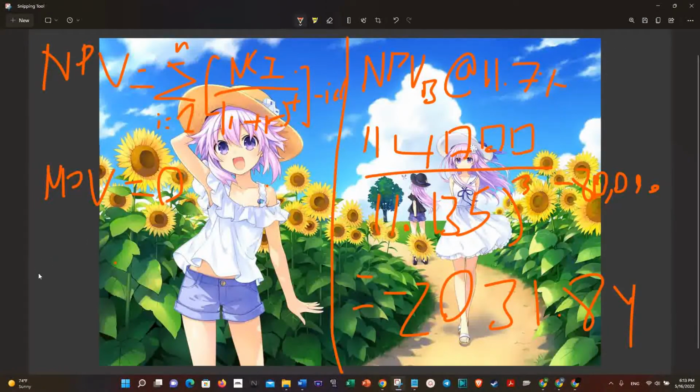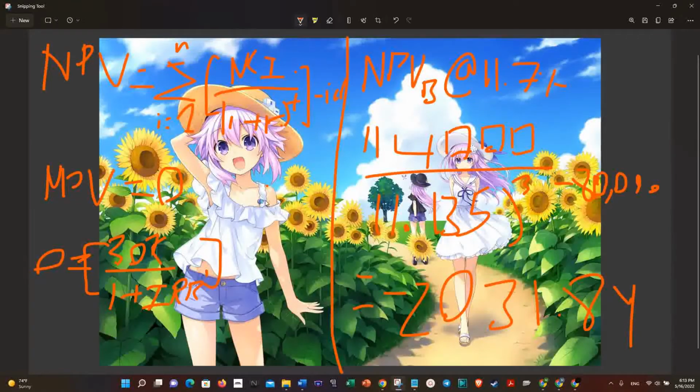So in this case, it'll be 0 is equal to, open bracket, 30,000 divided by 1 plus IRR, and this will be to the power of 1.